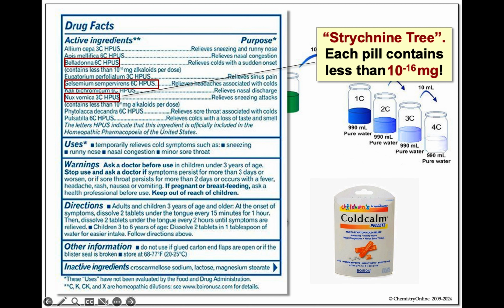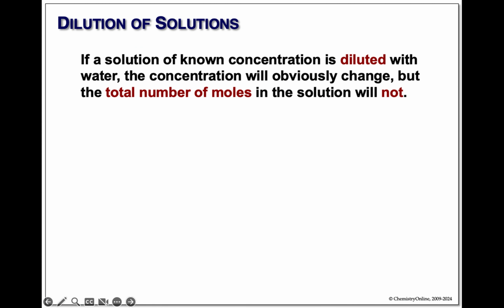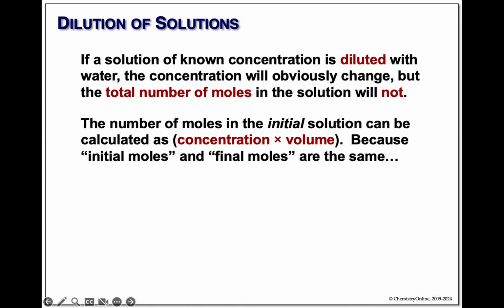All right. The other way to dilute a solution. You have a bottle, you know what's in it, you know its concentration, you add water. You get a different concentration, don't you? That's simple.